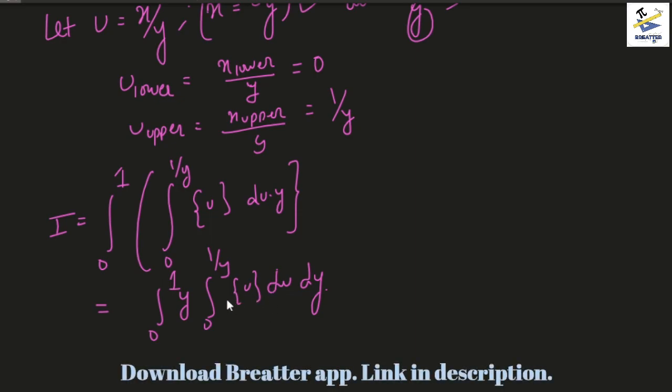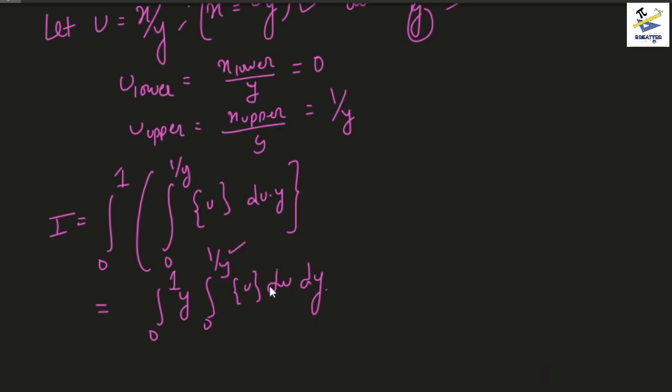Now obviously if we were to substitute like that, we would get an integral in terms of 1 by y. So if we were to evaluate the inner integral, we would get something like that. Now 1 by y is a variable which we would like to evaluate, but since y is less than 1, we see that 1 by y would be greater than 1, right?